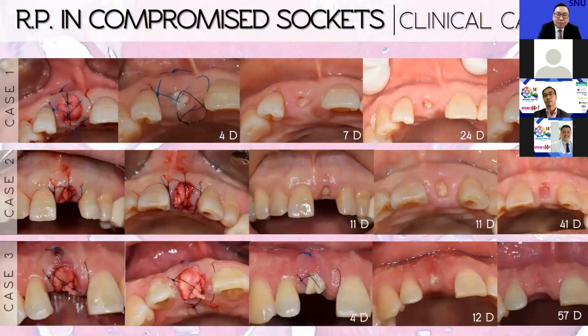And then here, I wanted to show you some cases of ridge preservation with open healing. We're using the non-cross-linked collagen membranes. We can see that the socket entrance in the 3 groups is quite large when you look at the 3 cases.